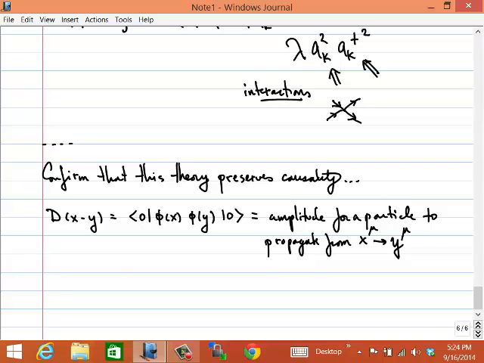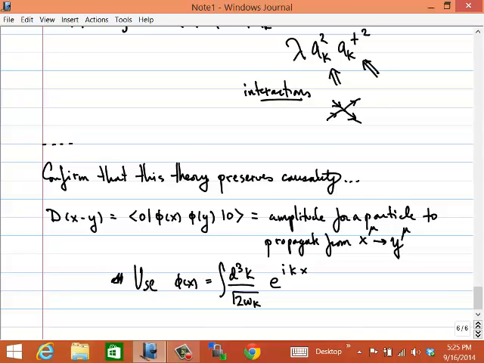So what is this quantity? Well, I just go ahead and plug into that formula that I wrote above and circled in a box and wrote a billion arrows pointing to. So what was that formula? Let's use the fact that phi of x is equal to the integral d^3k over the square root of 2 omega_k times e^(i k_mu x^mu) a_k plus e^(-i k_mu x^mu) a_k dagger.